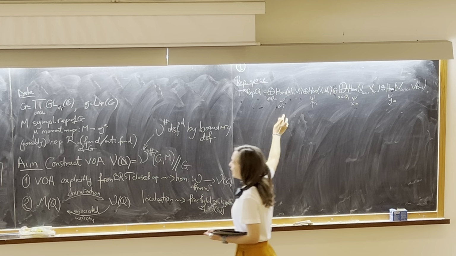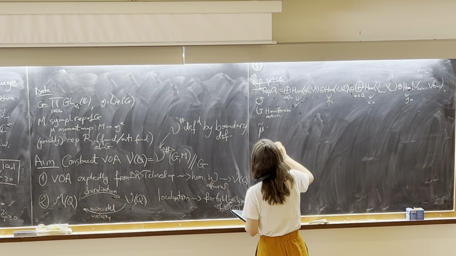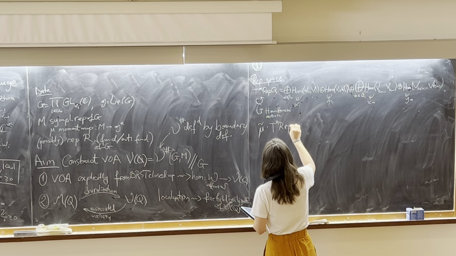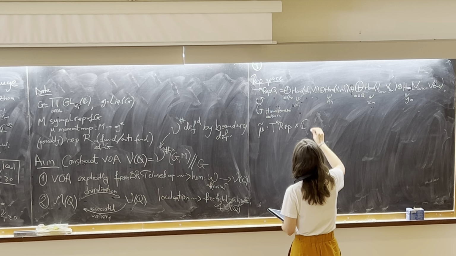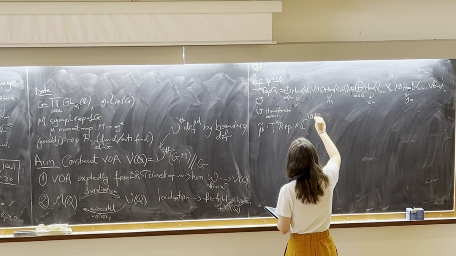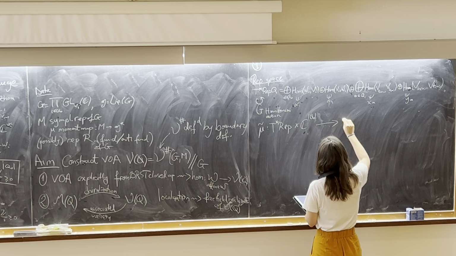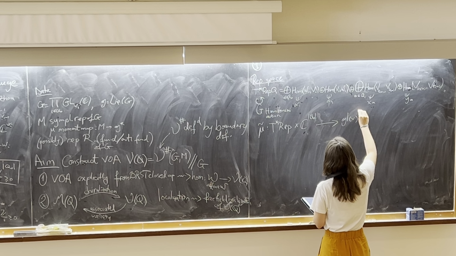Now on the space, the group G has a Hamiltonian action. And there is a moment map that I will write with a twiddle because it's an extended moment map. It's from T star rep Q, but times a vector of complex numbers, one complex number associated to each of the nodes, into GLV.